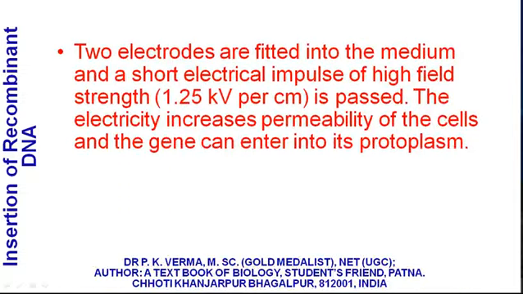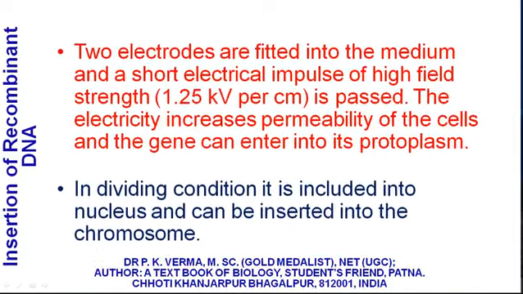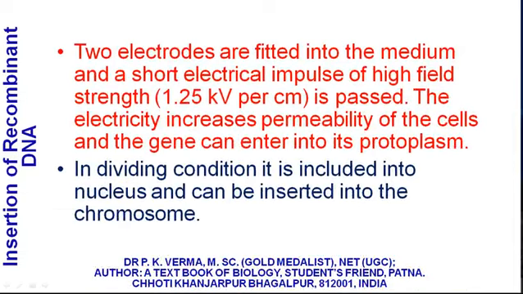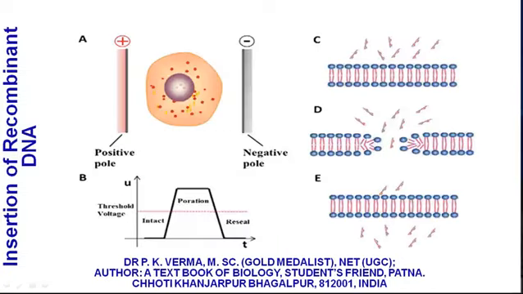Two electrodes are fitted into the medium and a short electrical impulse of high field strength, 1.25 kilovolt per centimeter, is passed. The electricity increases permeability of the cell and the genes can enter into its protoplasm. In dividing condition, it is included into the nucleus and can be inserted into the chromosome.